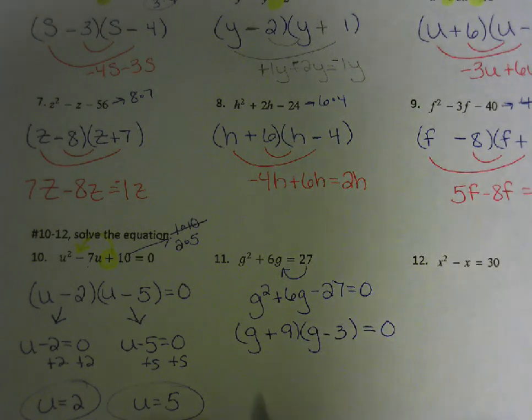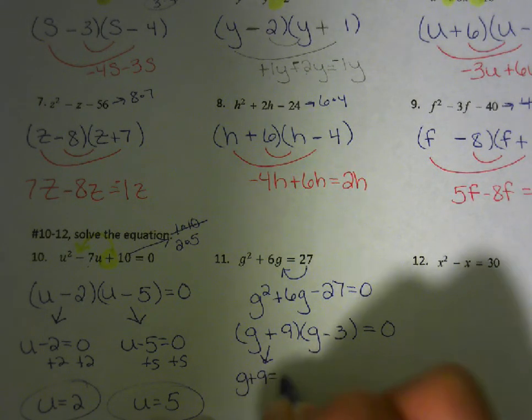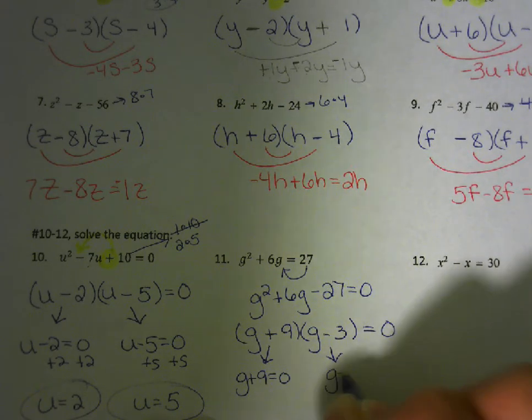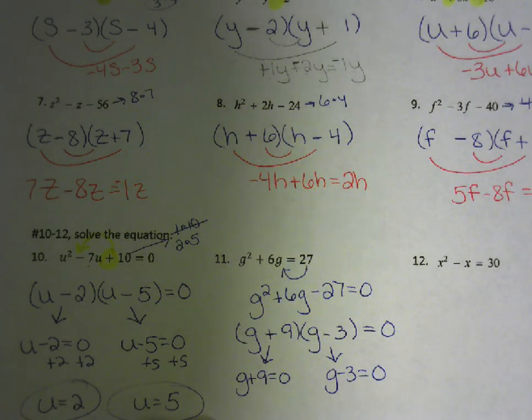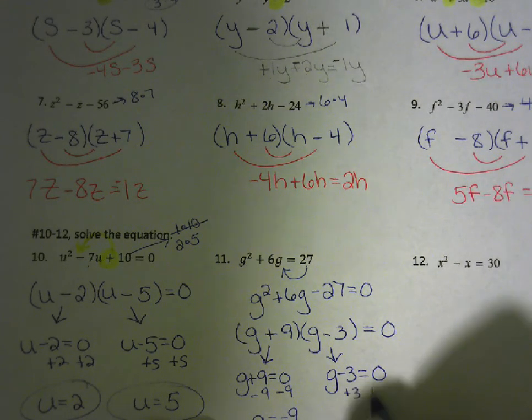And if I quick check my outer, that's a -3 and a +9, so I know I've done it right. So I have g plus 9 equals 0, and g minus 3 equals 0. And then if I subtract the 9, I get -9. And if I add the 3, I get +3.